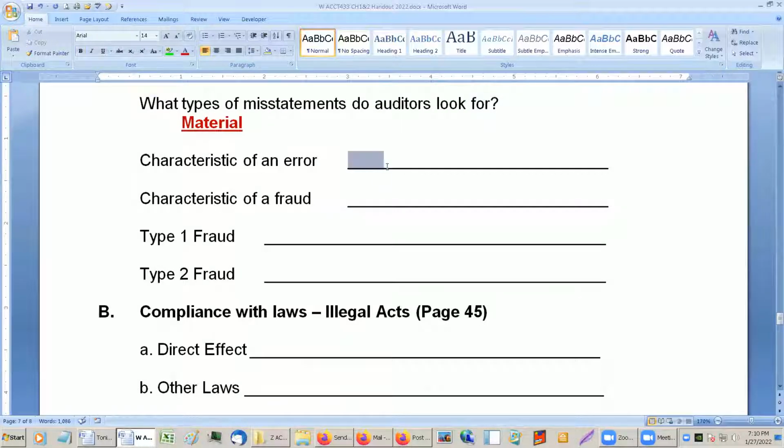Characteristic of an error, this is somewhat important: errors are usually unintentional, and they do happen sometimes.